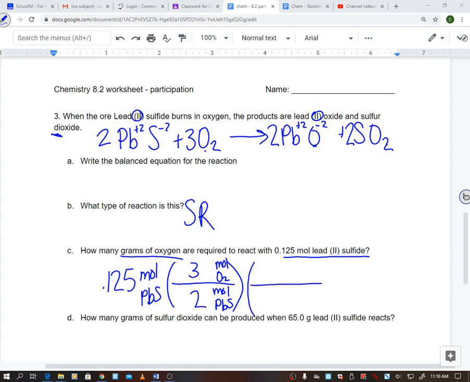Now for the gram side of things. These cancel out. Moles of O2, moles of your new, to grams of your new. O2 weighs 32 grams in 1 mole. So 0.125 times 3 divided by 2 times 32, and that is 6 grams of oxygen.